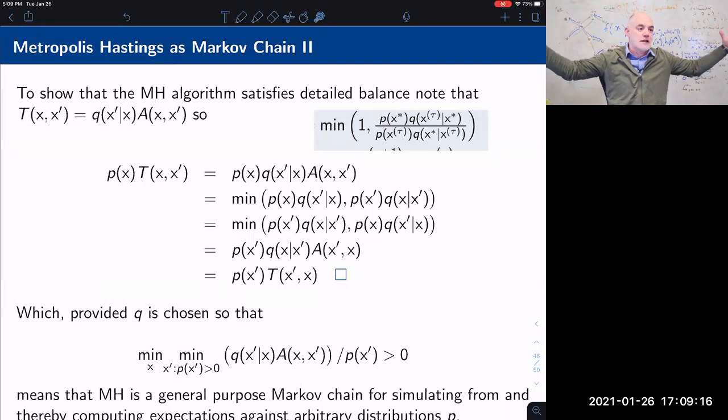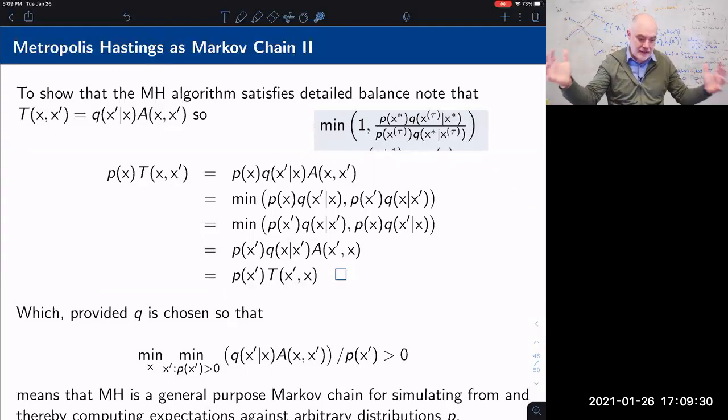That's the full conditional distribution. There's a point mass on staying in the same place, and there's a mass associated to going to the value of x prime, right? And those two masses are controlled by A. And that is actually a probability, and that's why you need the min 1, so that it is actually a probability, right? Does that make sense?